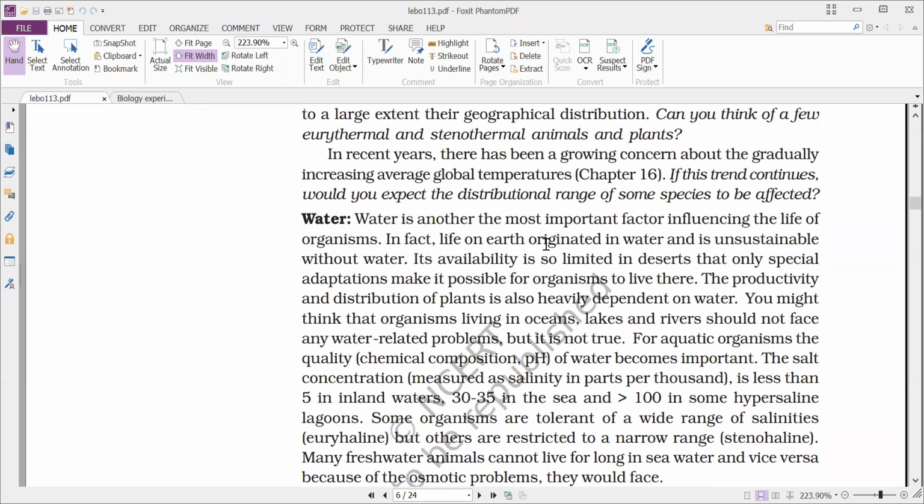So we have to ensure that the Earth's average temperature does not increase, and take certain measures to reduce global warming. We'll discuss that again in chapter 16.